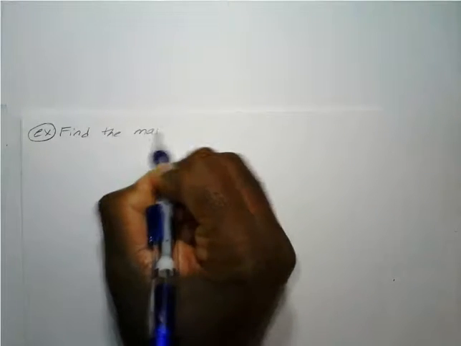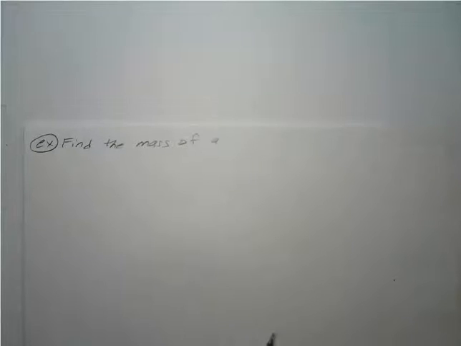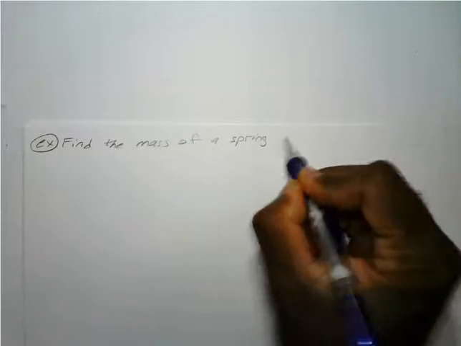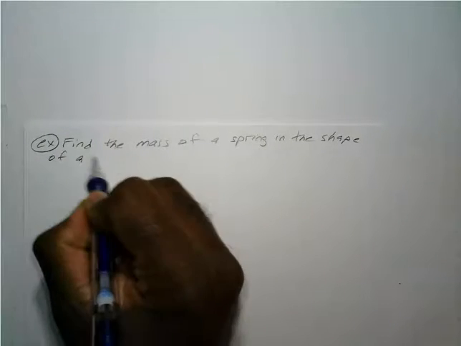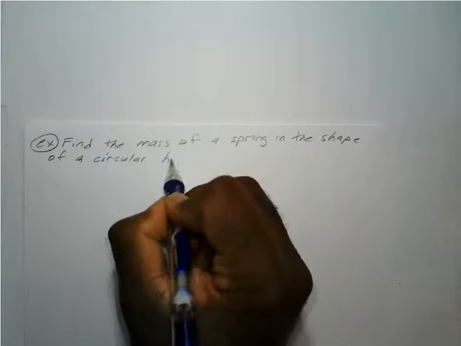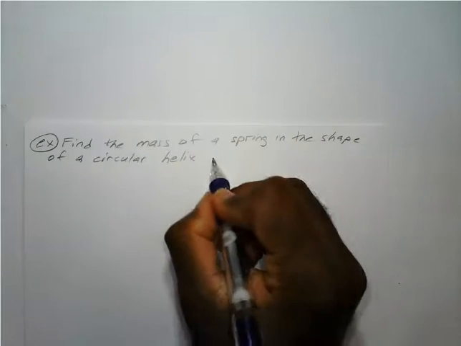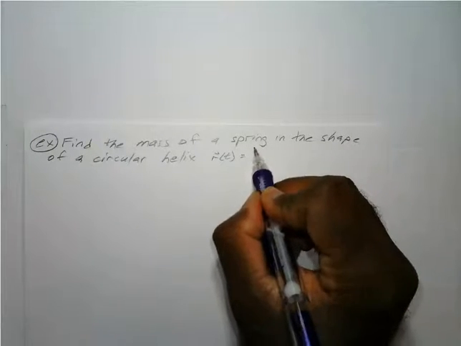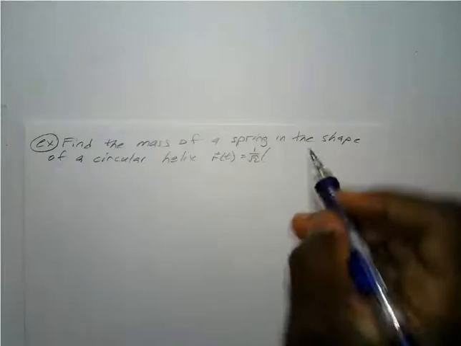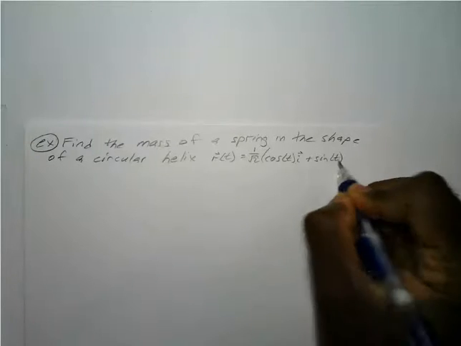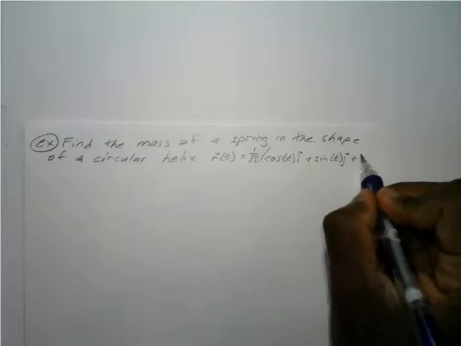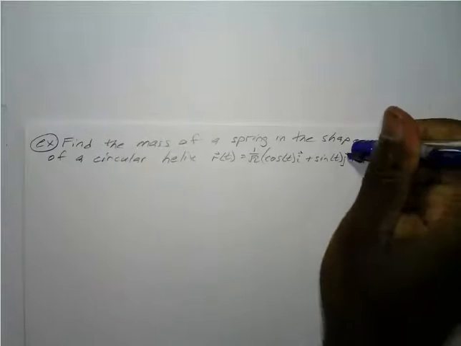Okay, so if we want to find the mass of a spring in the shape of a circular helix, our vector valued function is equal to 1 over square root of 2 times cosine t plus sine of t plus t times your k unit vector.